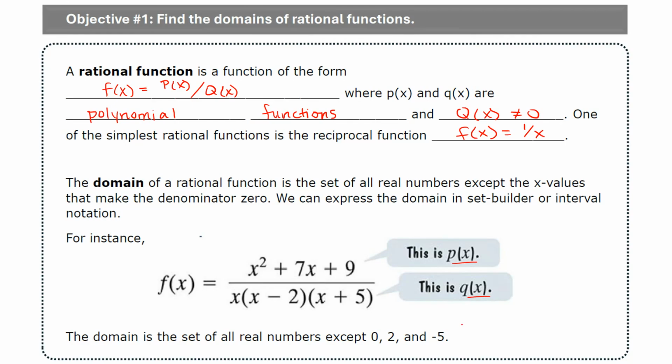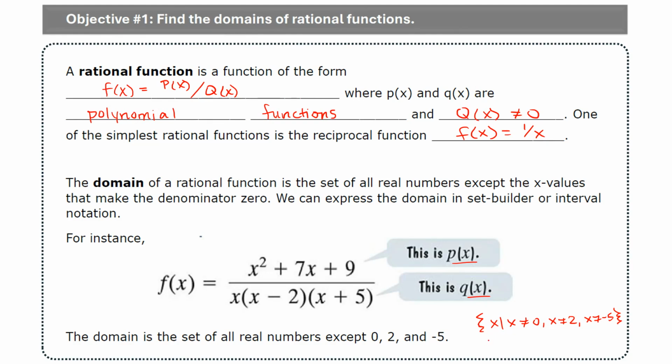Now the domain is going to be the set of all real numbers except 0, 2, and negative 5, because those values make our denominator 0. And if our denominator is 0, then our function is undefined. So in set builder notation, we would write this as all values of x except for when x equals 0, x equals 2, and x equals negative 5.